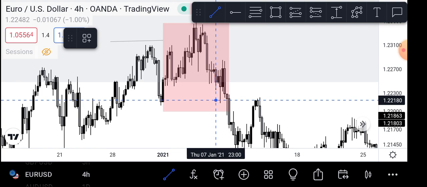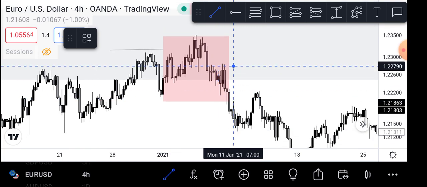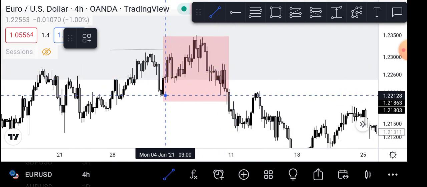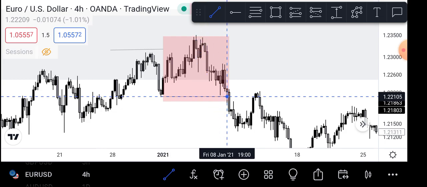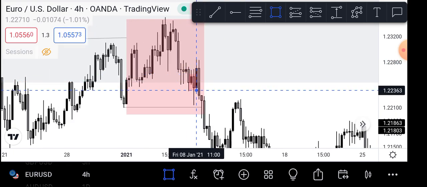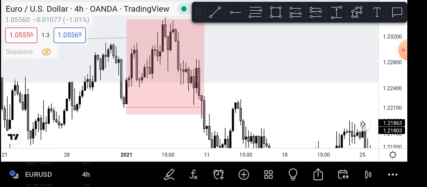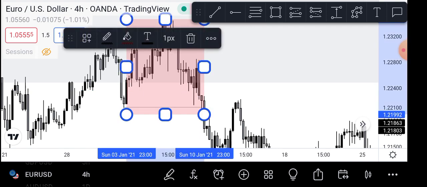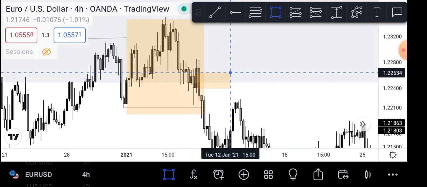So now even inside, you can see we had a break of structure over here. Are you getting me? You can clearly see the range that caused the break of structure.